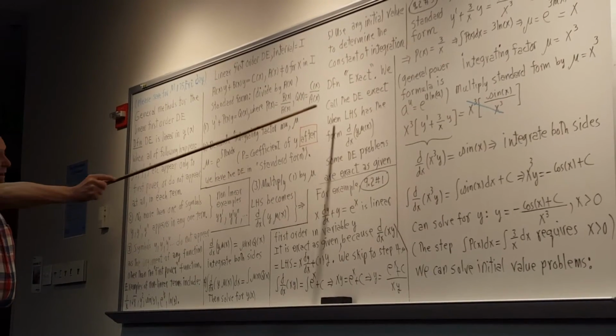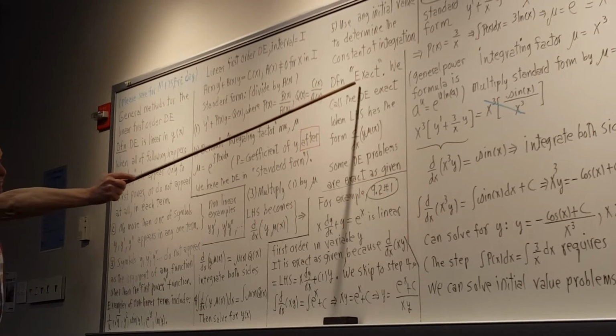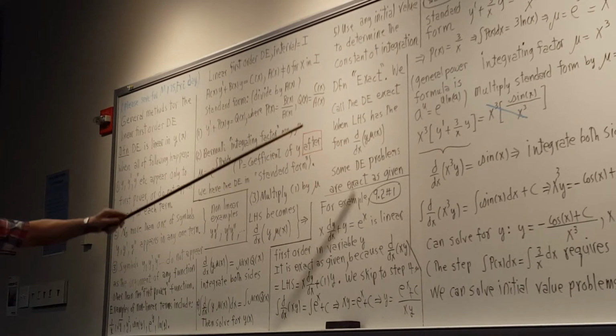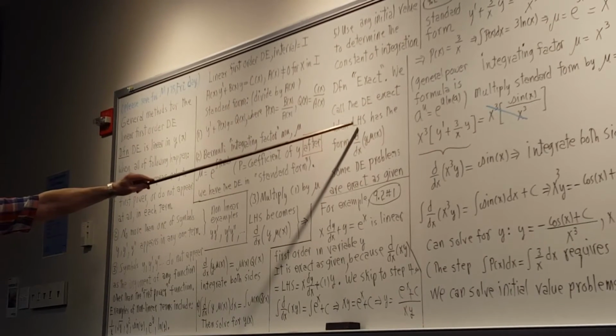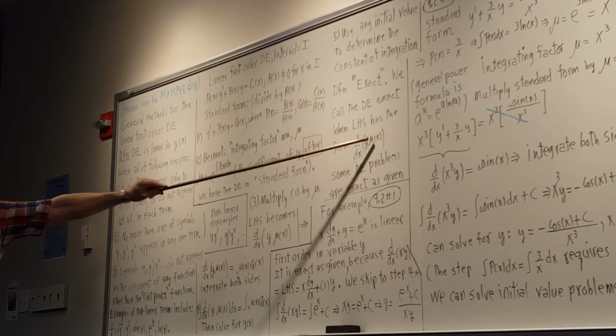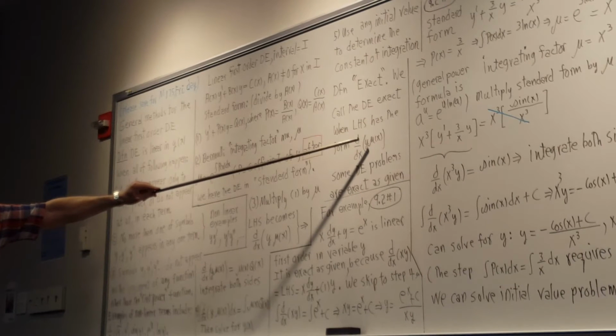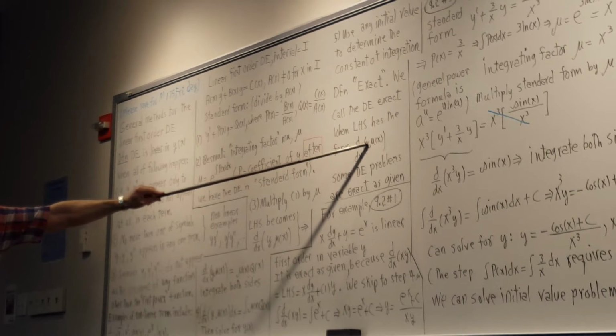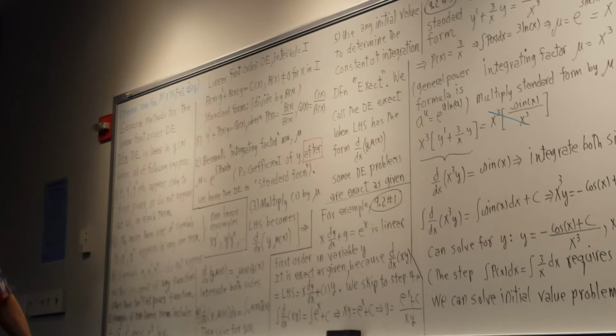So a definition then, the word exact. We call the differential equation exact when the left-hand side has the form derivative of a product where the function that you're trying to get is one factor in the product.